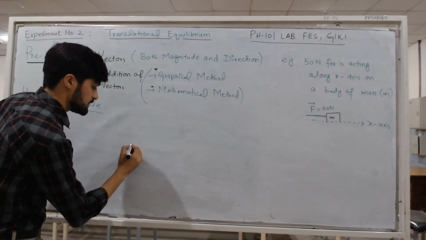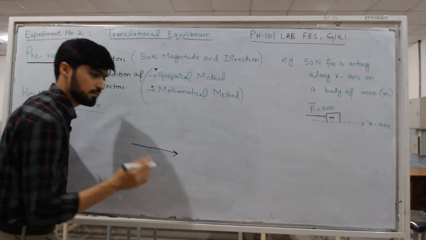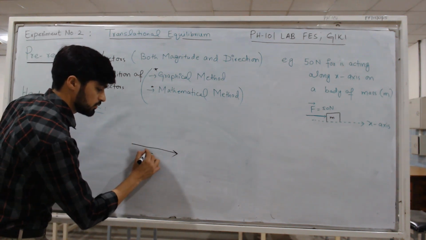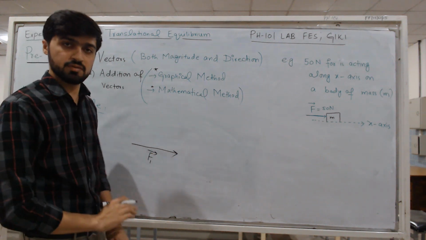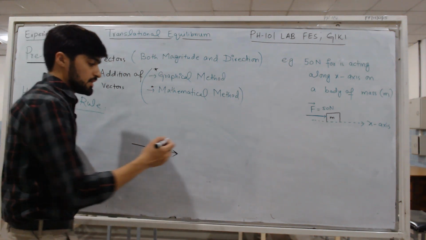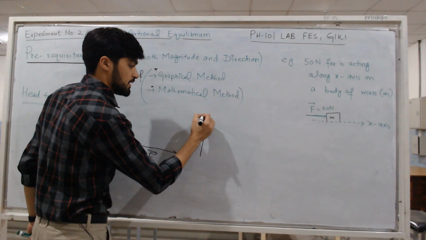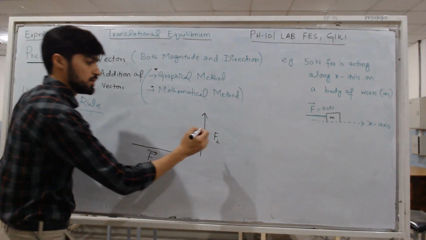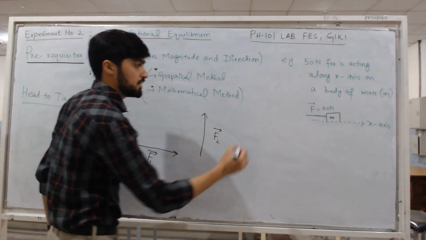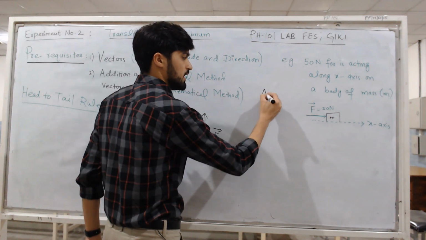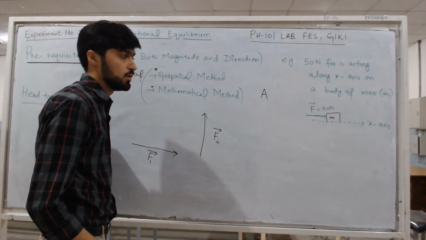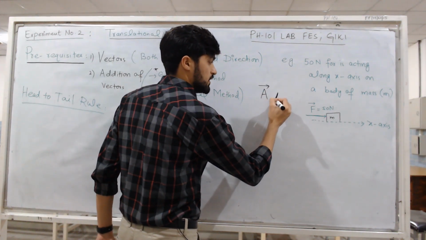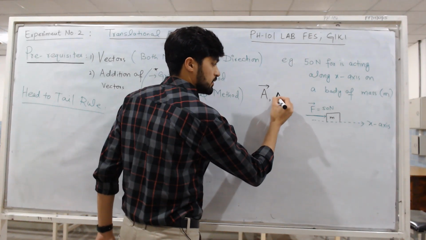Let's say this is F1, it is a vector quantity, acting in this direction. And there is another force that is acting in this direction, F2, and we have to add these two. A vector is generally represented by any letter, capital or small, with an arrowhead above, or you can represent it with a bold letter like this.